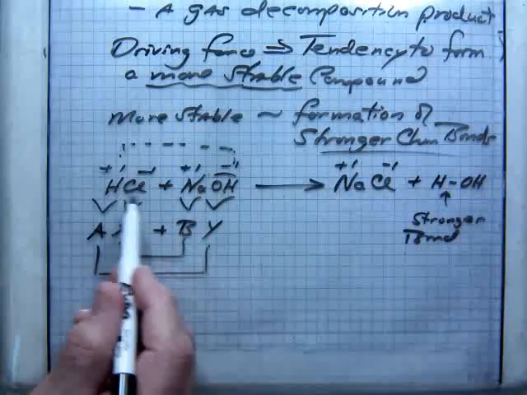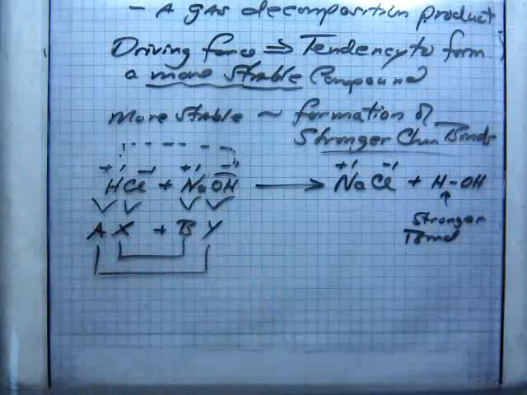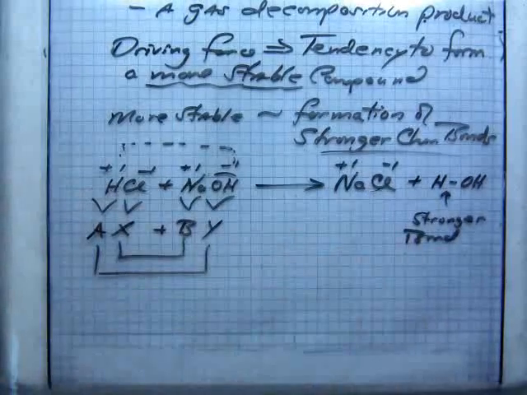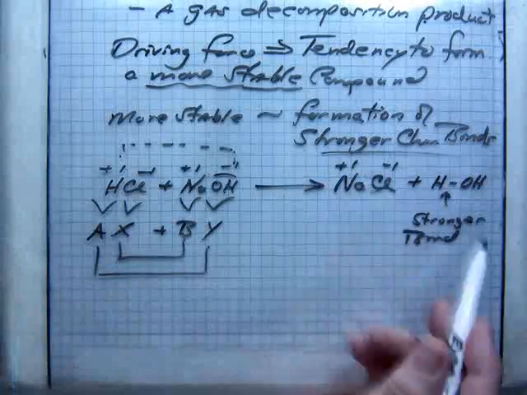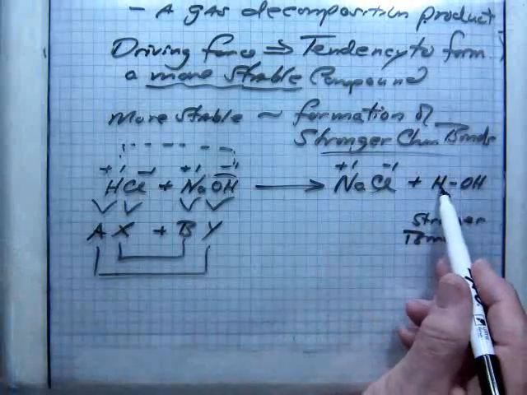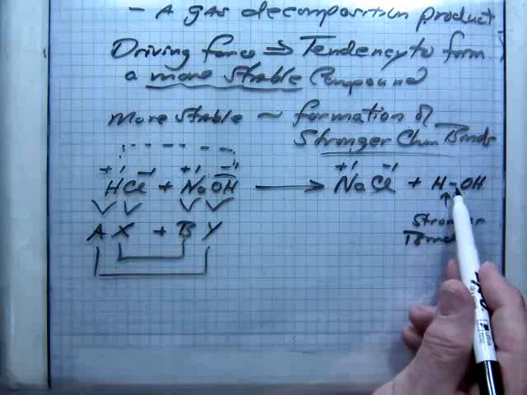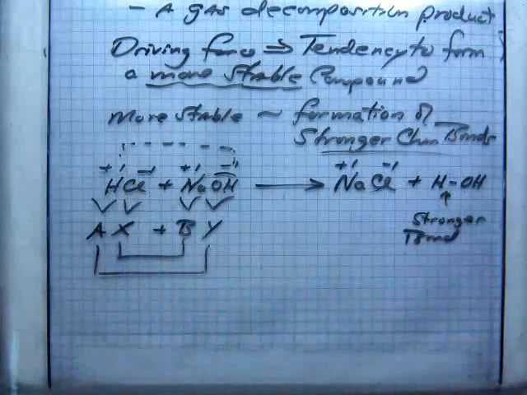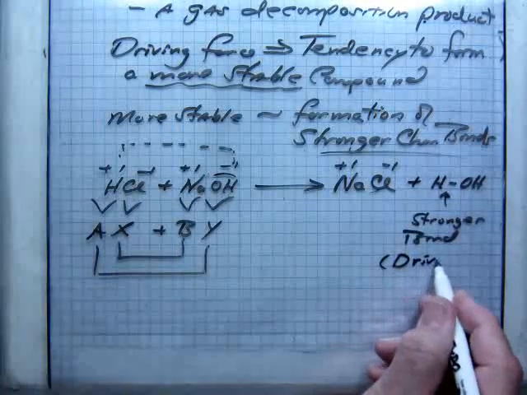The HCl has a very weak bond, sodium and hydroxide, very weak bond, and it drives to a salt, which in itself has a fairly weak bond in this case. But the driving force is identified because hydrogen is connected to the OH with a stronger bond than it would be hydrogen connected to chloride. So this is identified as a driving force.